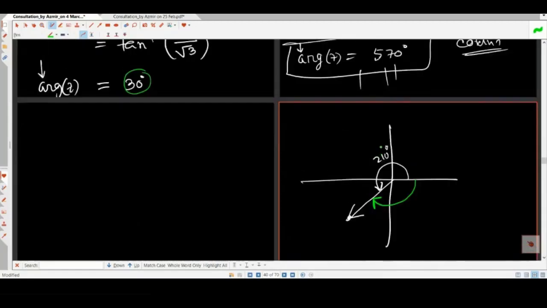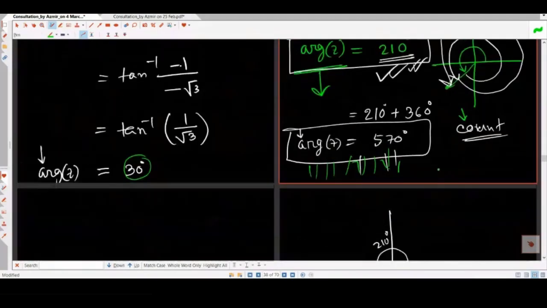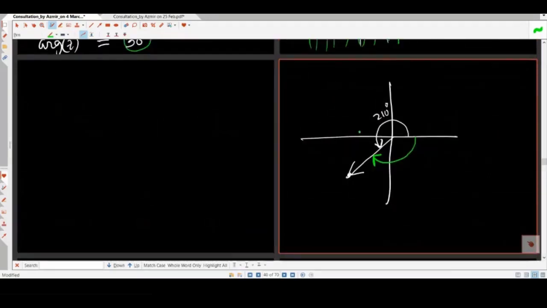It doesn't matter whether we come from clockwise or counterclockwise, but in the case we have here, whenever we are coming from the counterclockwise direction, the arguments are getting larger, but we should find one angle that is in between negative 180 degree to positive 180 degree. So that's why our counterclockwise process is not working. Now let's come from the clockwise direction.